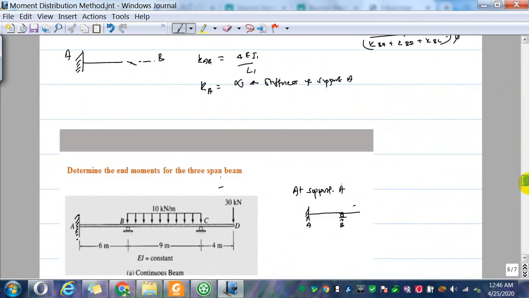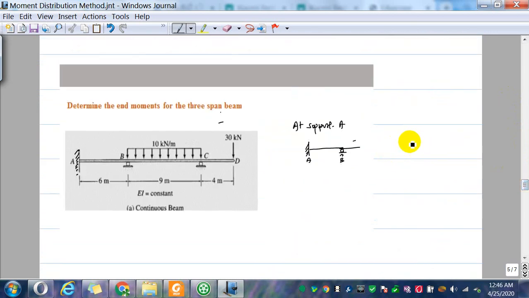So if you consider this support, KAB is 4EI over L, where L is 6, and EI is given as constant. There is no value for EI, so we'll keep it as EI. Now, if you have a moment at this support A, how is that moment going to be distributed?